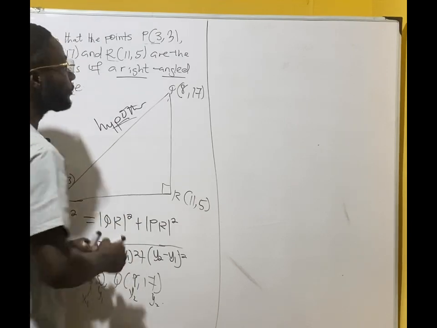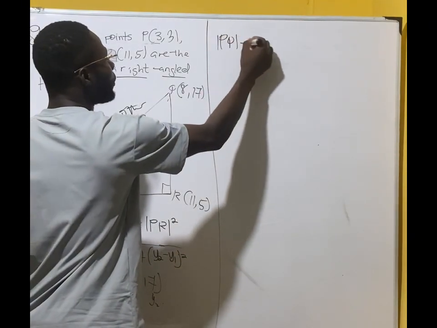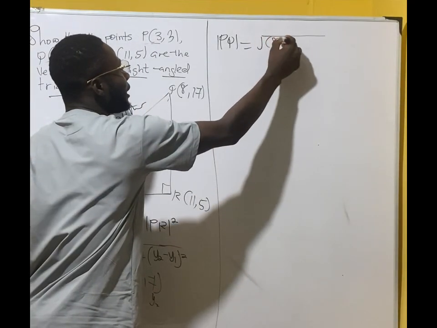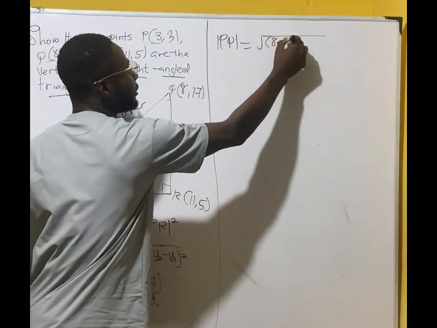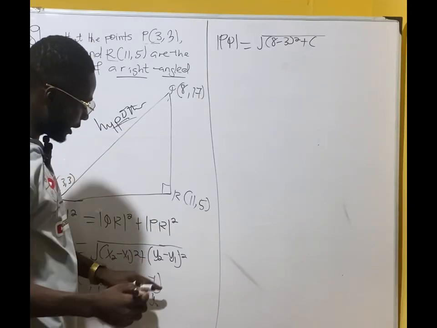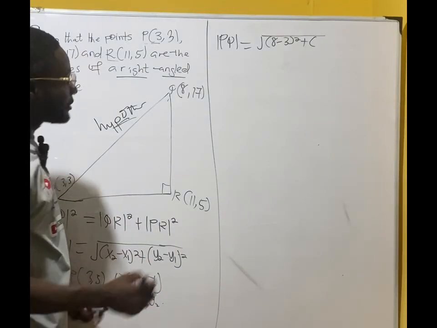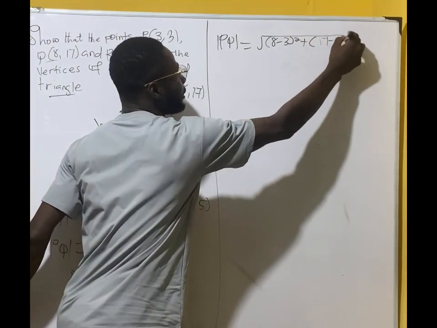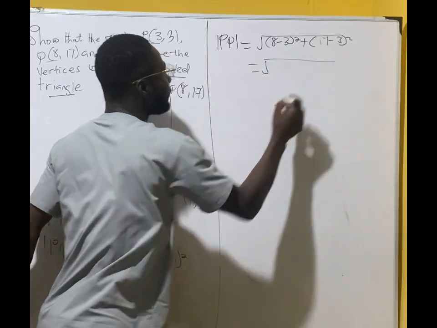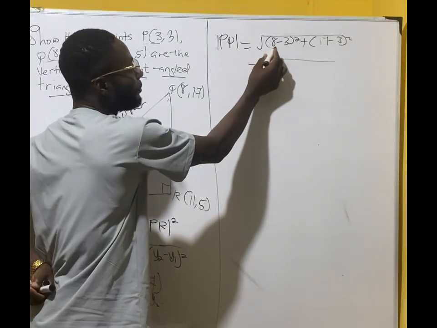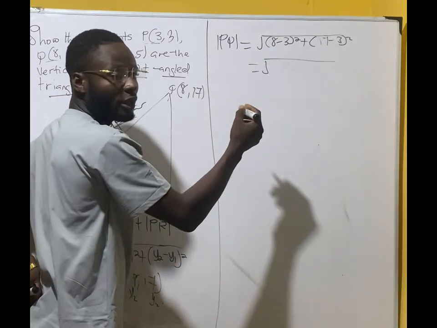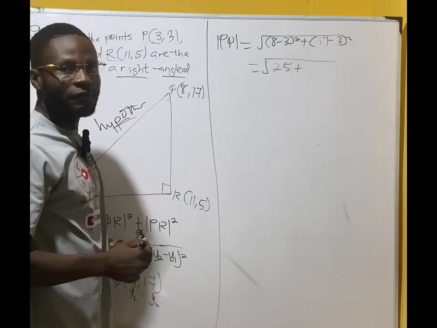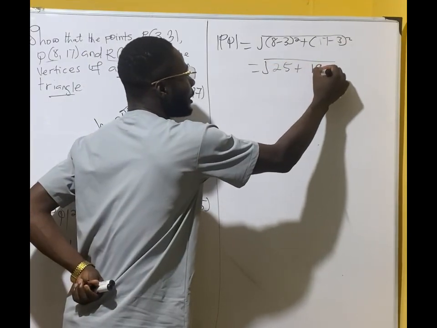We substitute these coordinates into the formula. Distance PQ will be equal to the square root of (8 minus 3) all squared plus (17 minus 3) all squared. 8 minus 3 is 5, and 5 squared is 25. 17 minus 3 is 14, and 14 squared is 196.